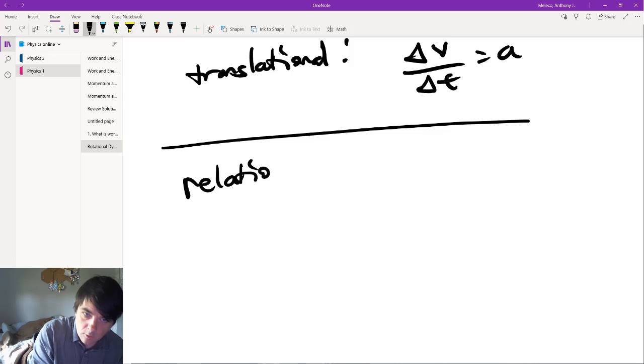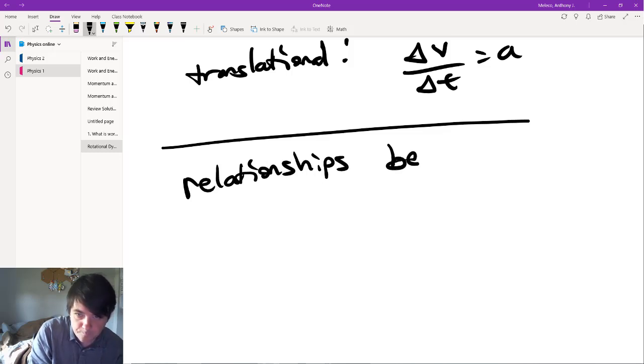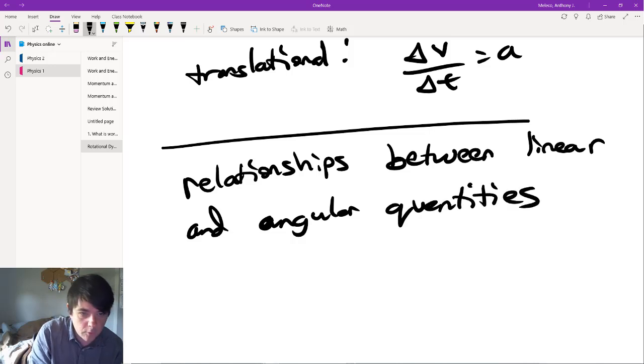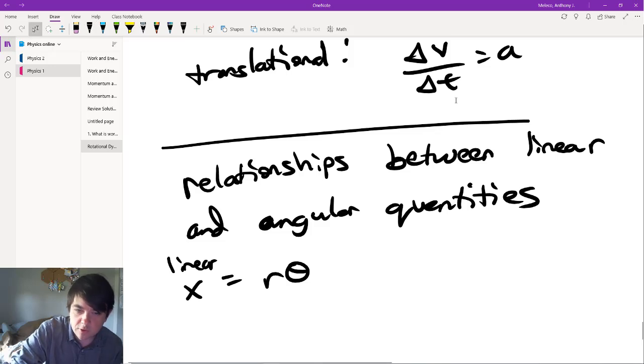Okay. But there are relationships or equations between linear and angular quantities. Okay. So x, which is linear, equals the radius times theta, which is our angular.